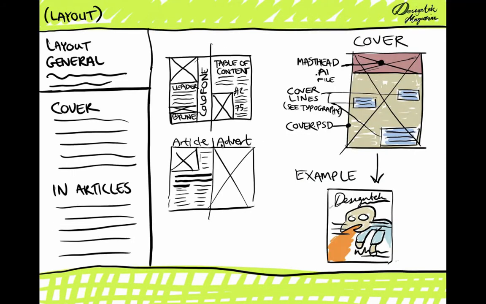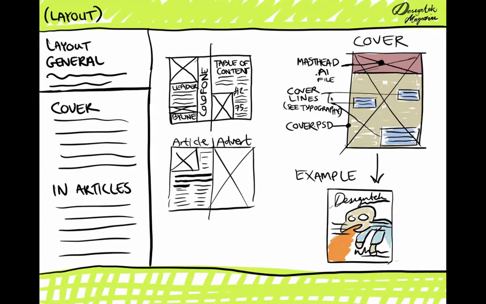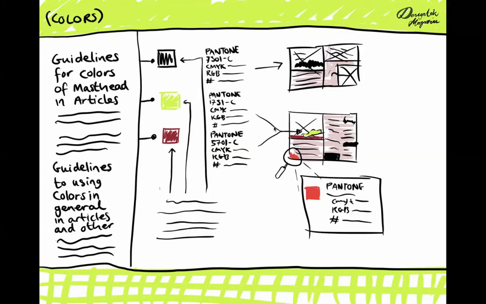Notice that also in the section called layout, perhaps this part about how to use colors might also be described, because let's say you have some lifestyle articles where one of these lifestyle articles each month will always be green because it's the lifestyle magazine about, I don't know, health or being one with nature.